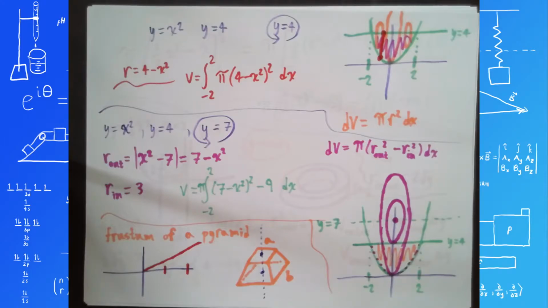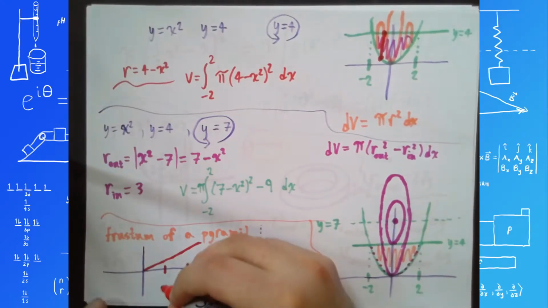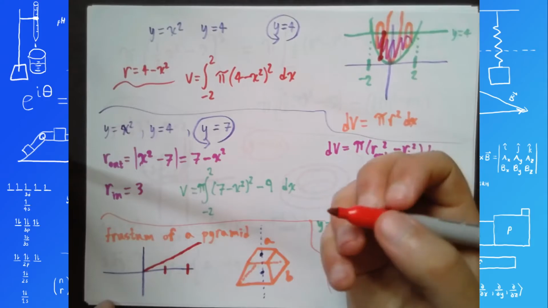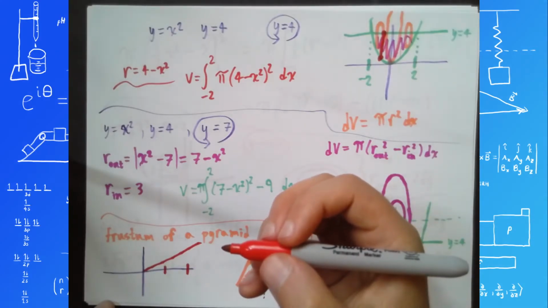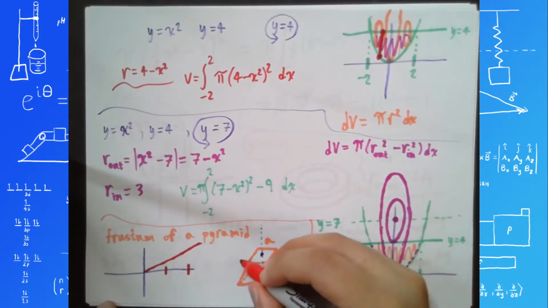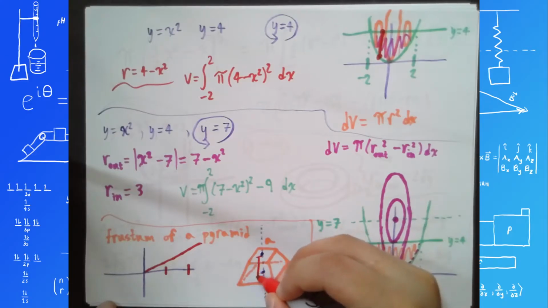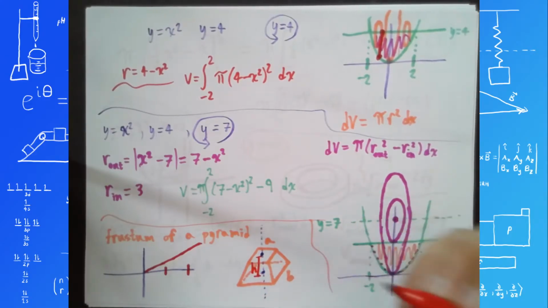Oh, and they told us that the height is h. So, I guess... Let's see. So the height is h. Maybe I'm just overthinking this.